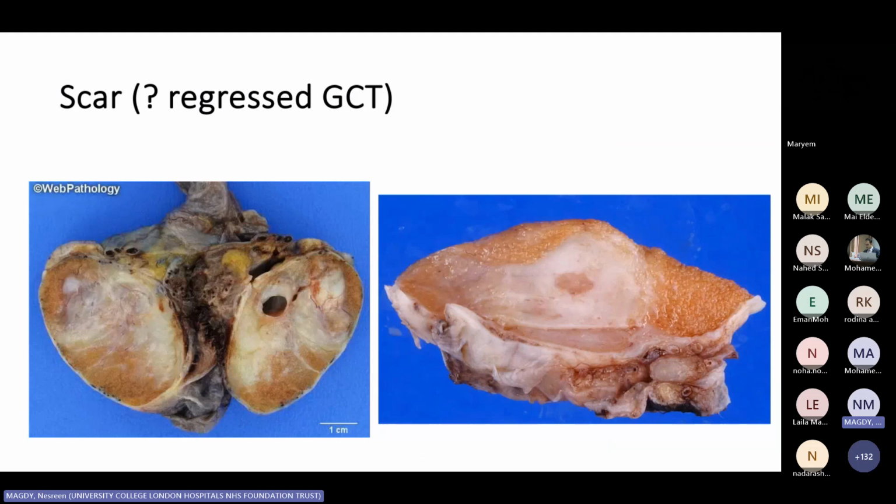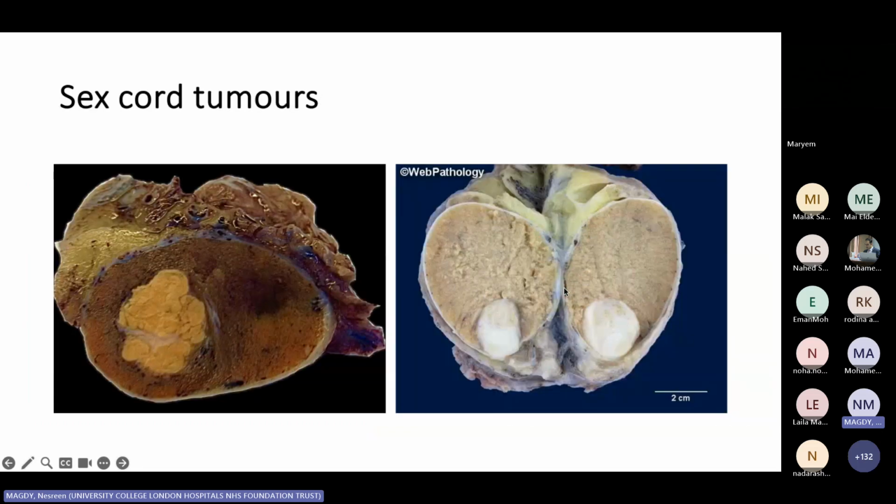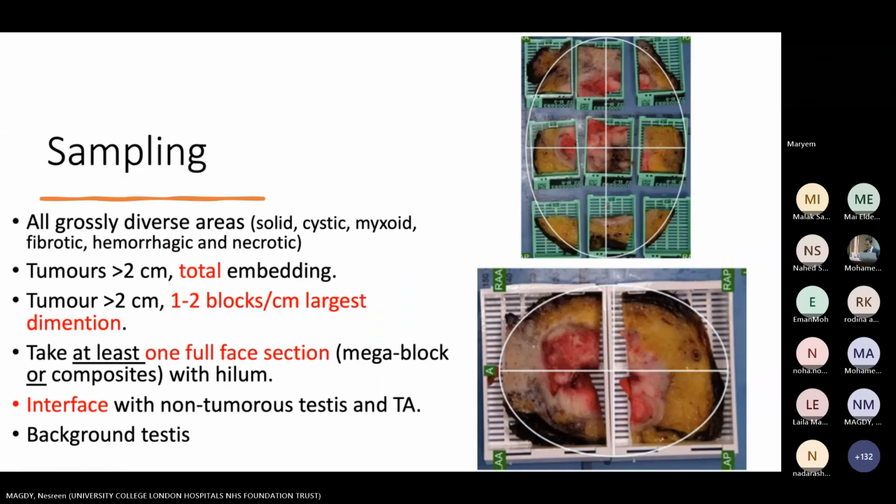In the setting of testicular scarring, which may represent a regressed germ cell tumor, the cut section shows fibrotic whitish irregular areas. And sex cord stromal tumors are usually small and well circumscribed. The Leydig cell tumors are usually yellowish and others are tan whitish.